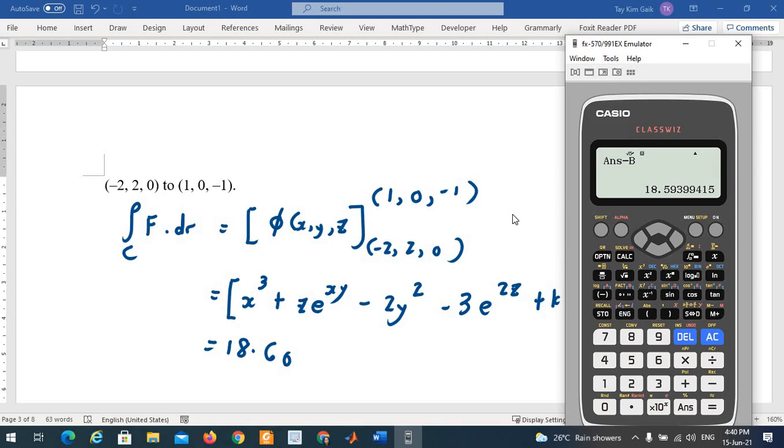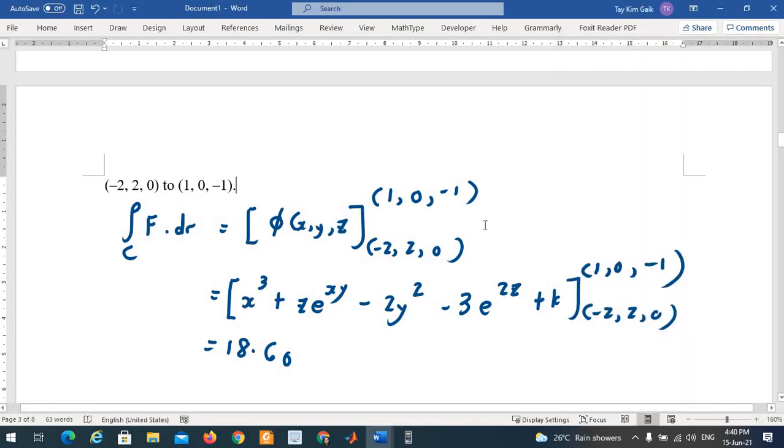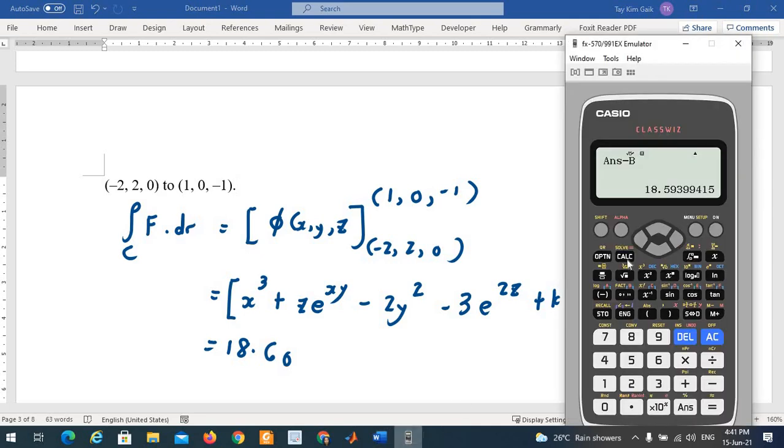Okay, any questions here? This one, I just show you how to calculate, because you calculate this potential function 2 times, right? So I just key in this function, and for z I use variable m, and then I calculate. This is the last calculation. X is negative 2, z is 0, y is 2, and get the answer negative 19.